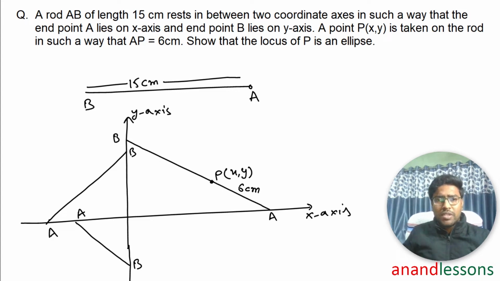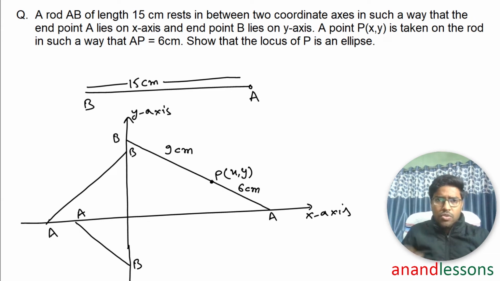As the rod is 15 centimeter long, PB will be 9 centimeter. So the question is saying, if the rod of 15 centimeter has a point P on it which is 6 centimeter far from point A, which is lying on the x-axis, then if this rod is kept in between the axes, the locus of that P will form an ellipse.